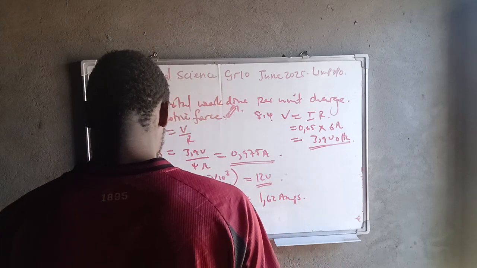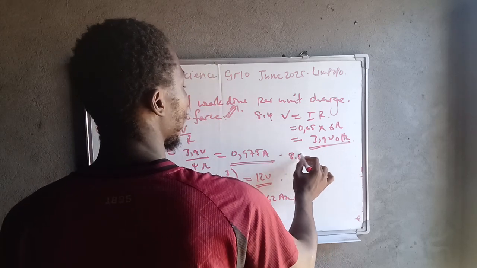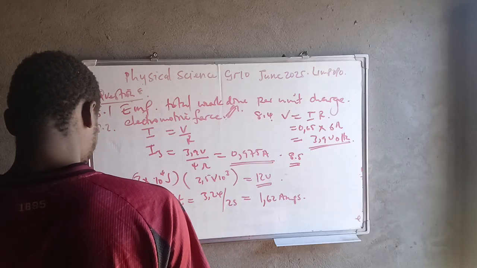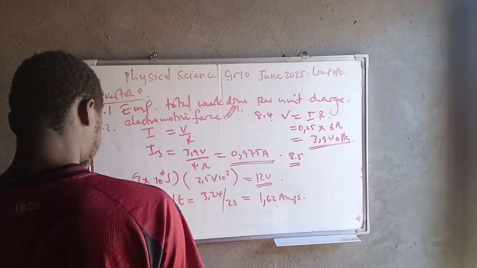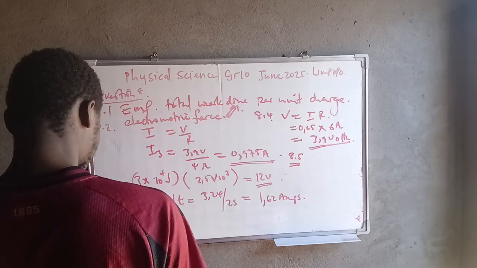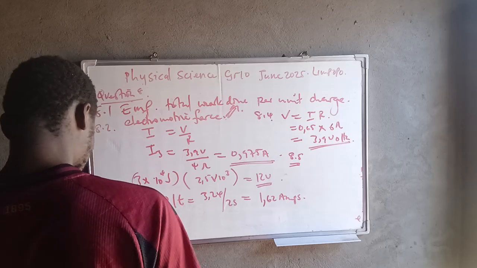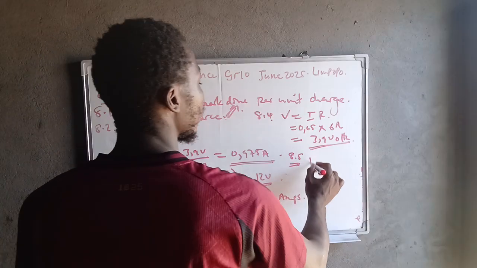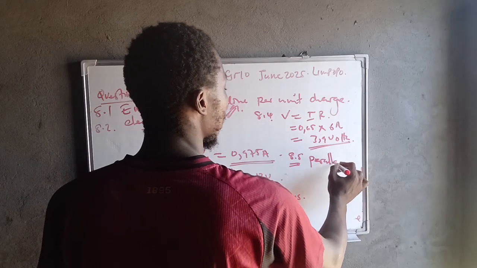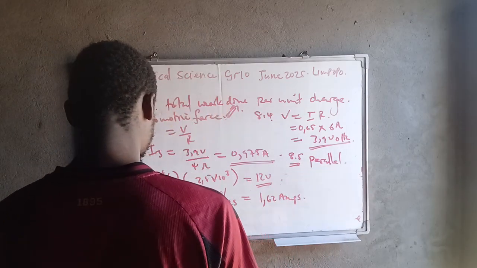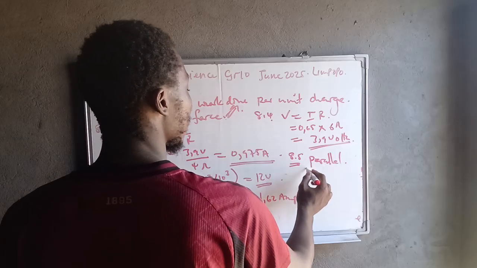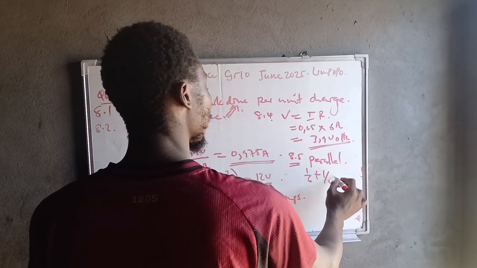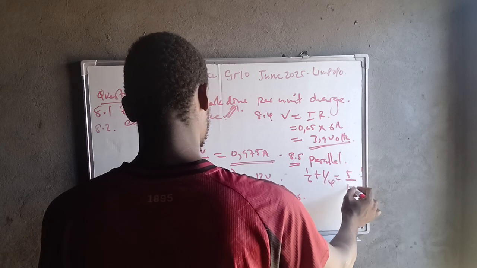Then 8.5, we're given that the total resistance of the circuit is 7.4 ohms, determine the resistance of R. Our resistors are in parallel, so we have to identify that first. That means 1 over 6 plus 1 over 4, which will give us 5 over 12.